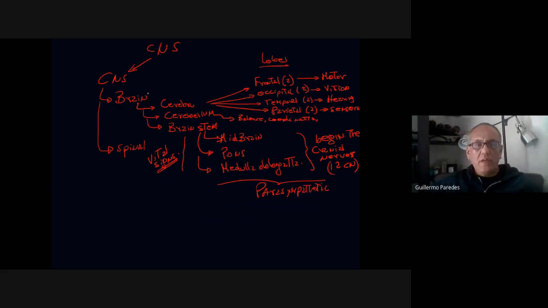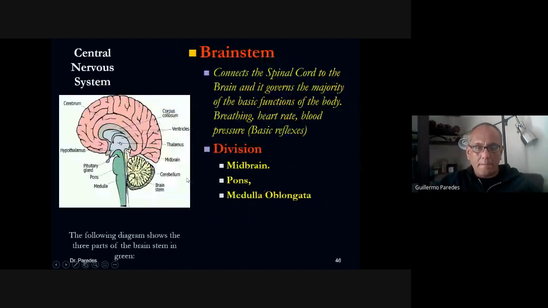All right, so just remember here, we have the central nervous system, we have the cerebrum, cerebellum, brainstem, and I want you to visualize that in your mind, because we are going to add one more structure that is called the diencephalon. I will tell you how that is. Here we have the brainstem. This is like a flower.